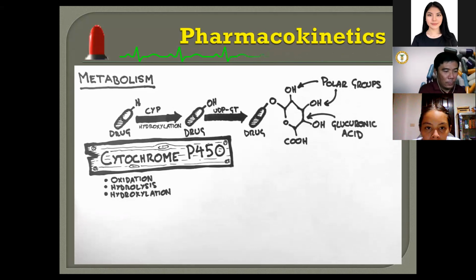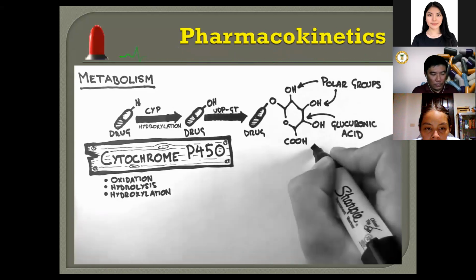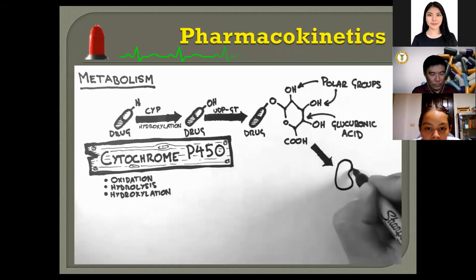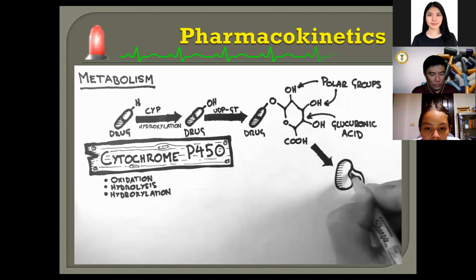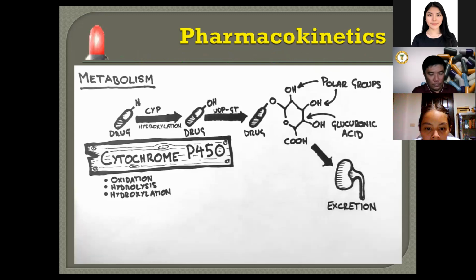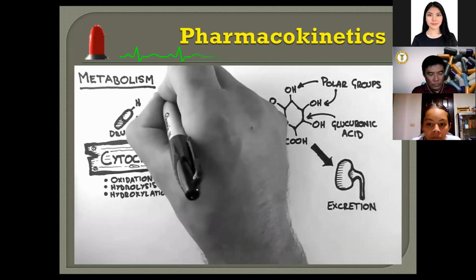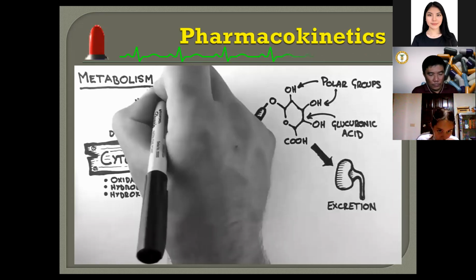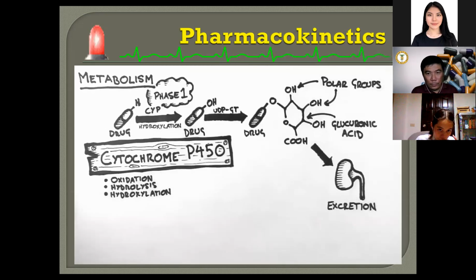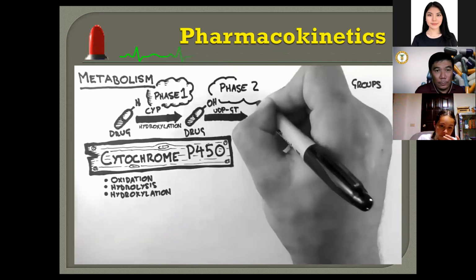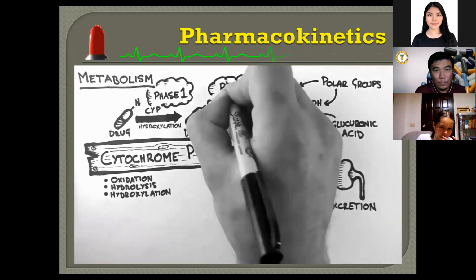This makes the molecule extremely water-soluble or hydrophilic. Thus the drug can be easily filtered and excreted by the kidneys. We call this first part of the process phase 1 metabolism. The second part of the process we call phase 2 metabolism.